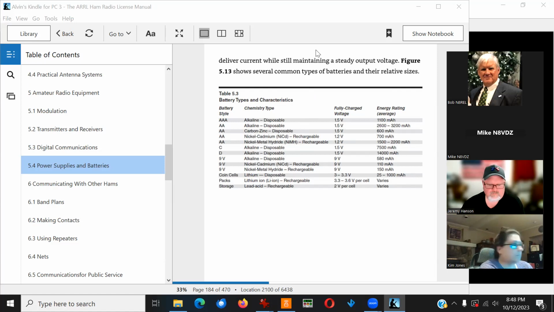If you're going to be running a radio off of it, you probably want something that's at least 30 amp hours. You can buy little batteries that are, let me just grab one here and put it up on the screen, because I have it right here.